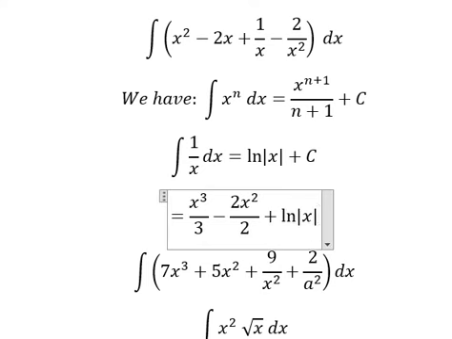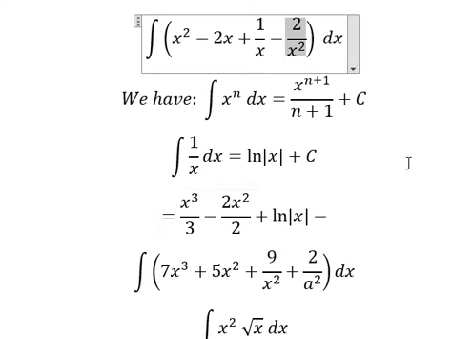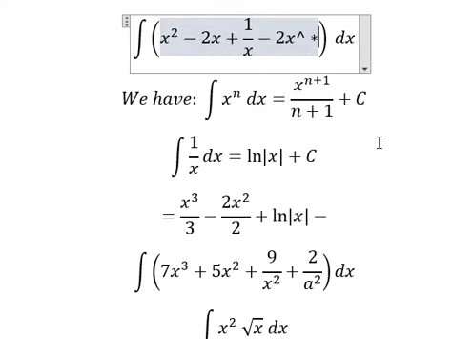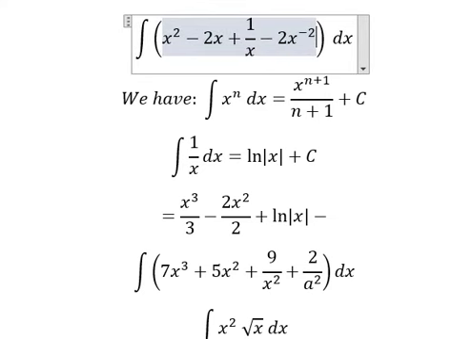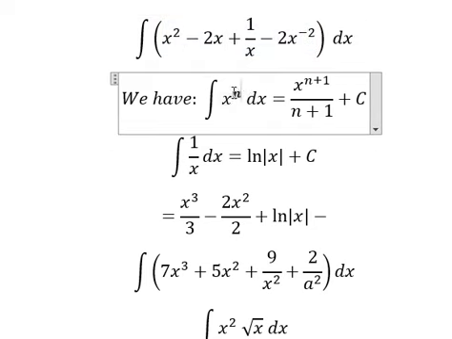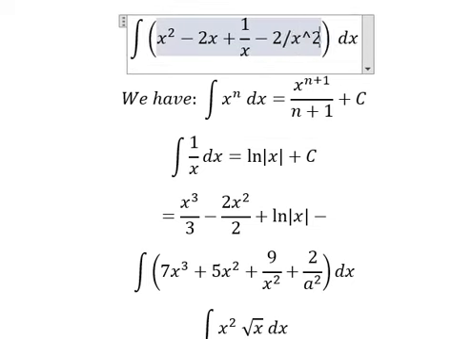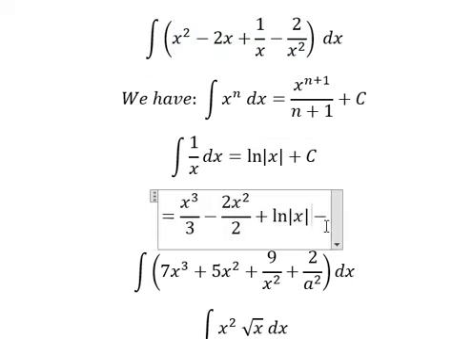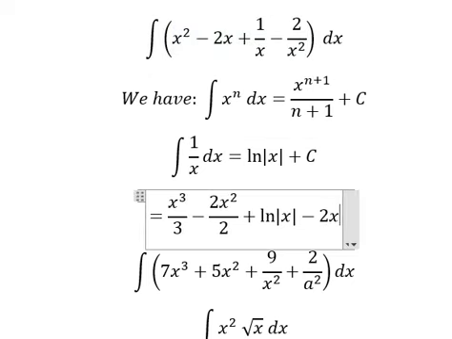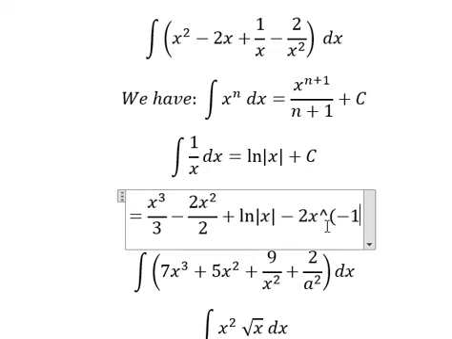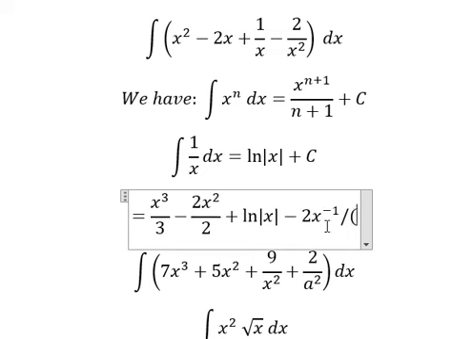The next one, for this one I can put about 2s to the power of negative number 2. So I will put negative number 2 on here. So negative number 2 plus 1 we have negative number 1. And then we have 2s to the power of negative number 1 over negative number 1.